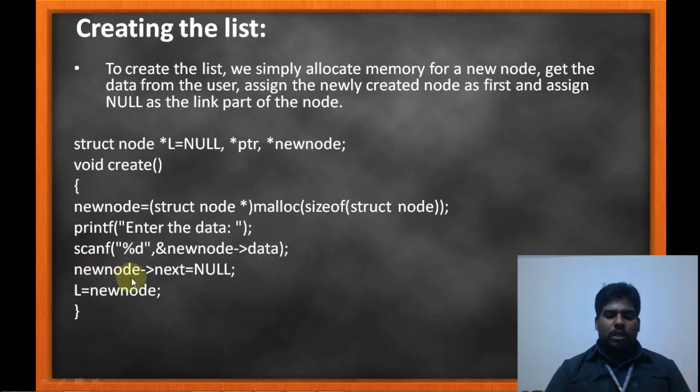So new node's next is the pointer. I am initializing it as null, so only one node. Only one node I created, that's why I am putting null here. Then L equal to new node. So the first, starting position, I assign this node. So this is the way you have to create the list.